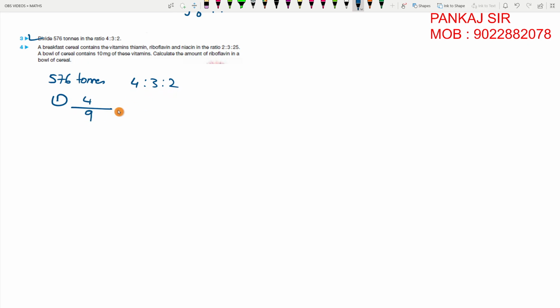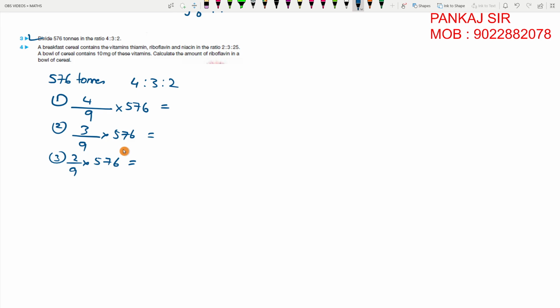So 4 over 9 times 576 will be the first part. The second part will be 3 over 9 times 576. And the third part should be 2 over 9 multiplied by 576.